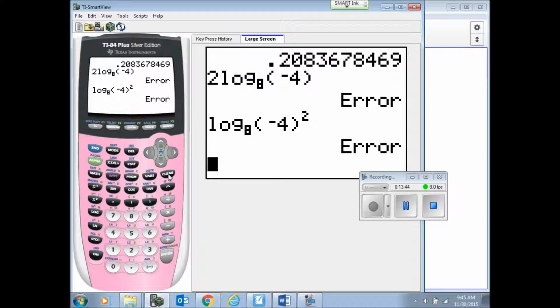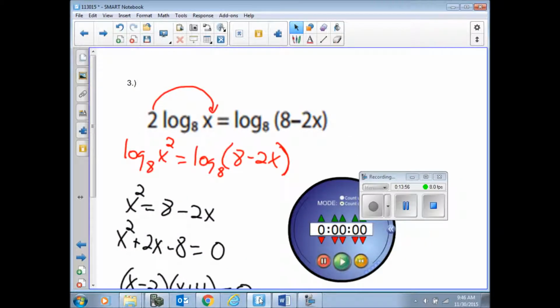So you're saying log base 8 of 0? Okay, now I want you to think about it. That's a good question. Let's just say I have log base anything of 0. Let's just use base 10. 10 to the what gives me 0?